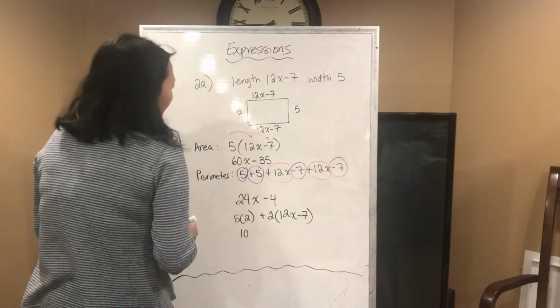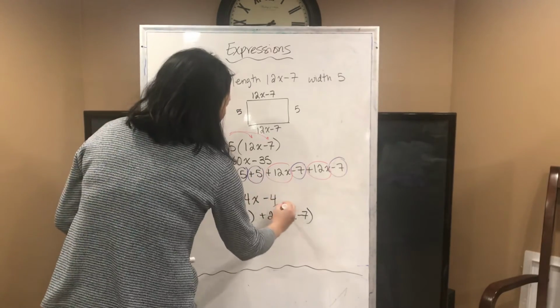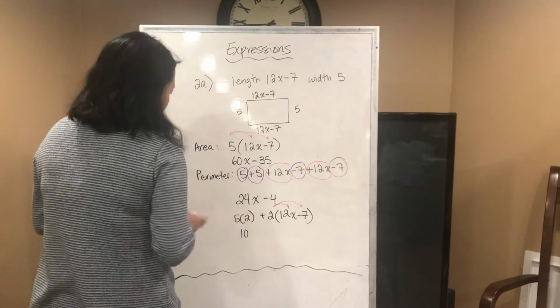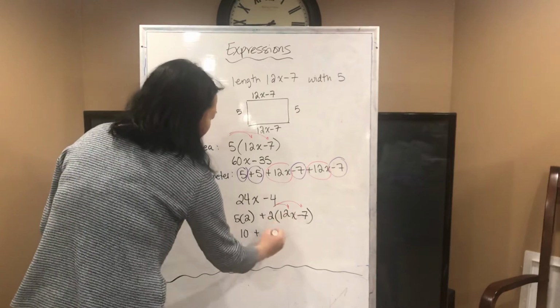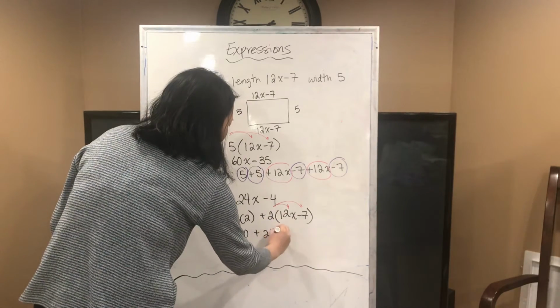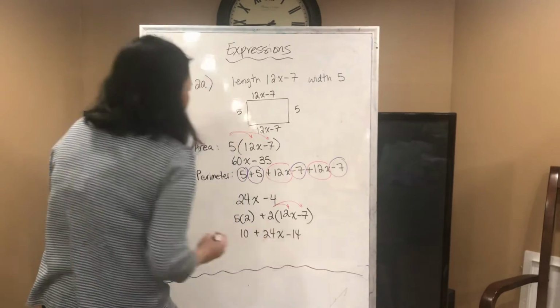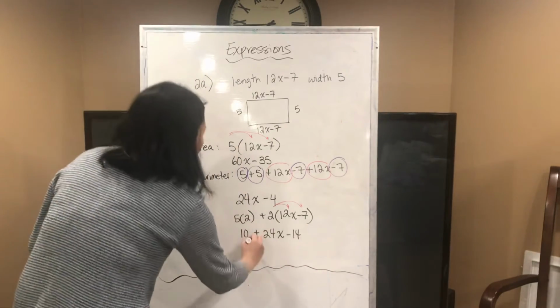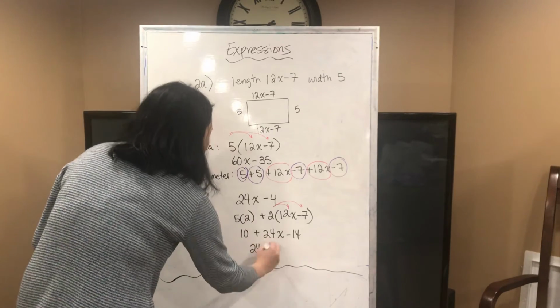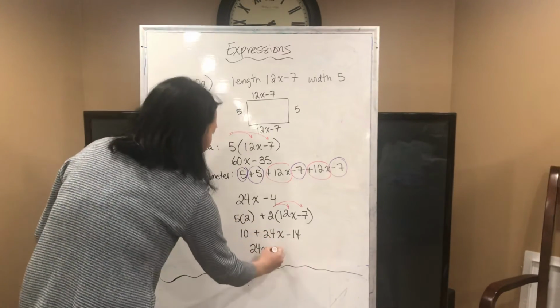And then I could distribute this 2 and get 2 times 12x, which is 24x, 2 times negative 7, which is negative 14. And then I would have 24x, and then 10 minus 14 is minus 4.